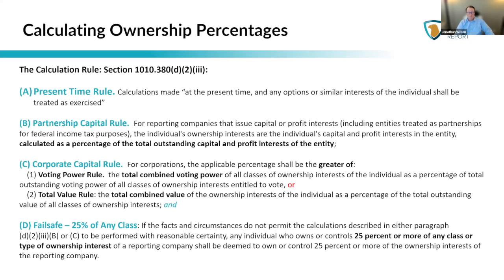It's not reasonably certain if you don't know the liquidation value of the company to a reasonable certainty. So in that case, if your application of the corporate capital rule doesn't give you an outcome that's reasonably certain, you have to apply the fail-safe rule the same way we just described for partnerships.